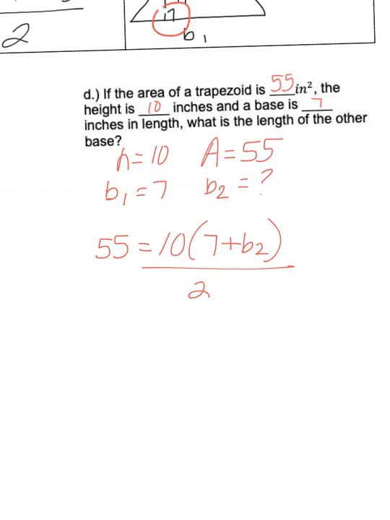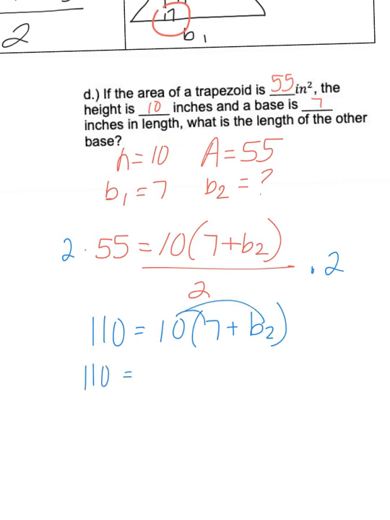So how would we go about solving this? You want to multiply both sides by 2. So we get 110 equals 10 times 7 plus b2. Now we're going to take that 10 and distribute it. So I have 110 equals 70 plus 10b2. Subtract 70 on both sides.